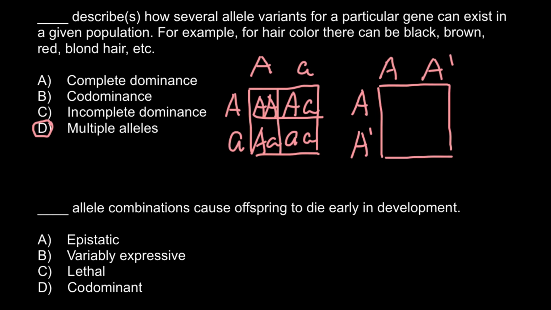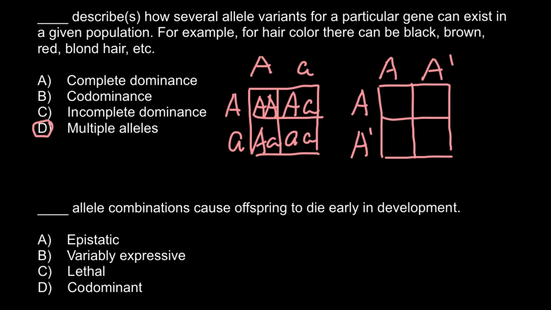By the way, in codominance, if capital A stands for the red color and capital A prime stands for the white color, the phenotype would be a mixture of two pure colors.